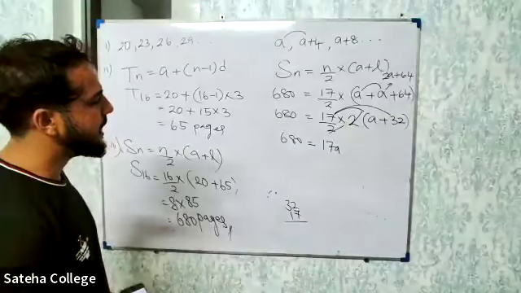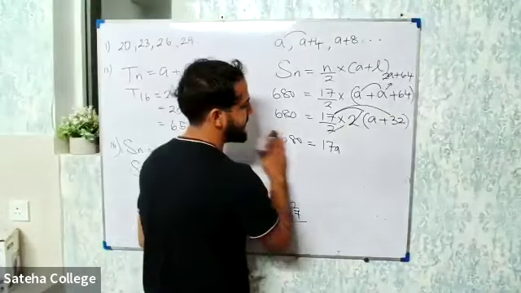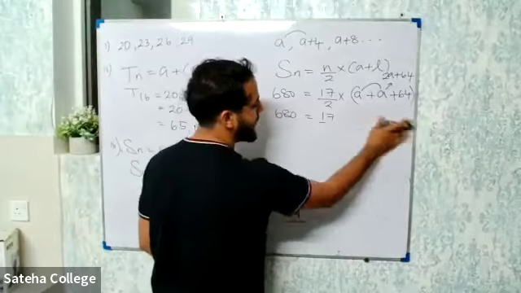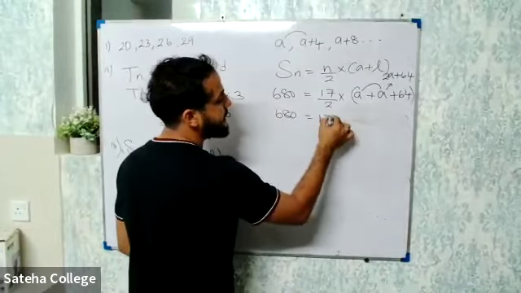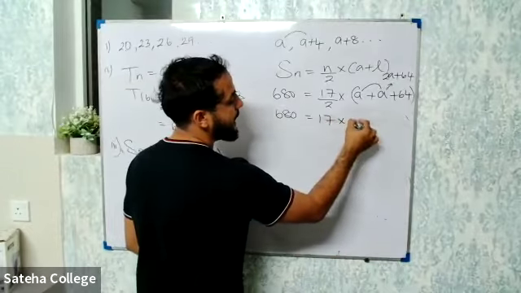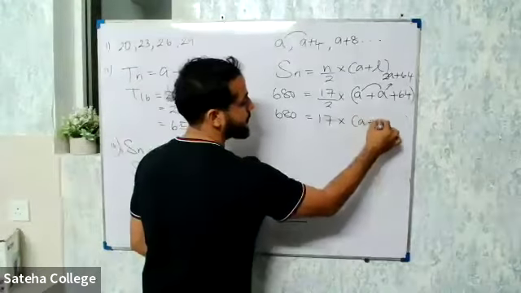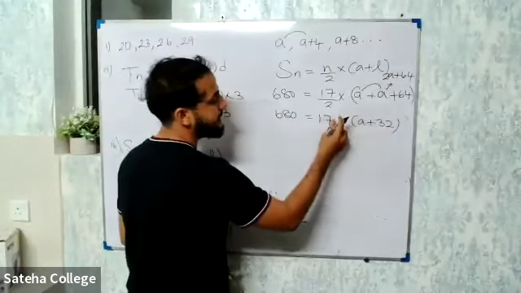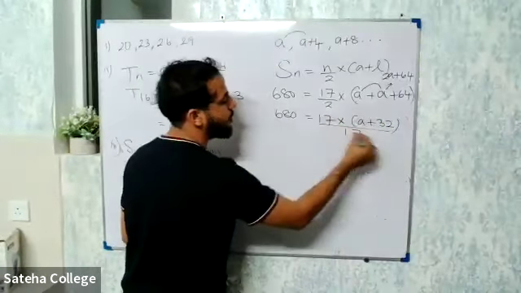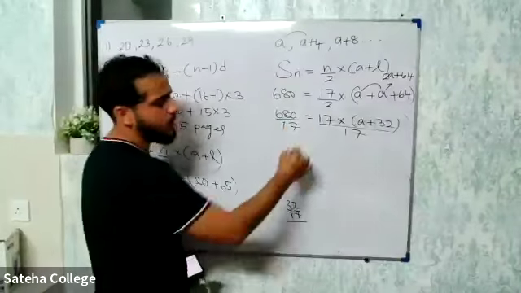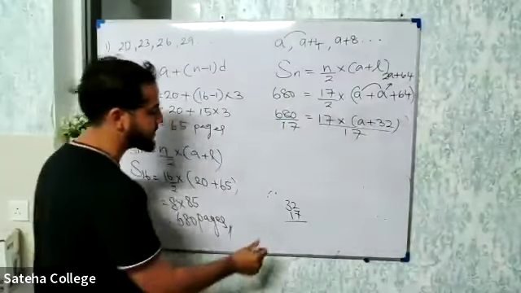I don't need to open the bracket, I'll make things easier. Otherwise you have to do the division twice. 17 into A plus 32. Now I can divide both sides by 17, so I do the division only once, not 2-3 times.